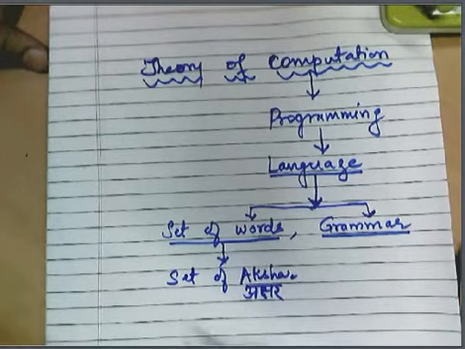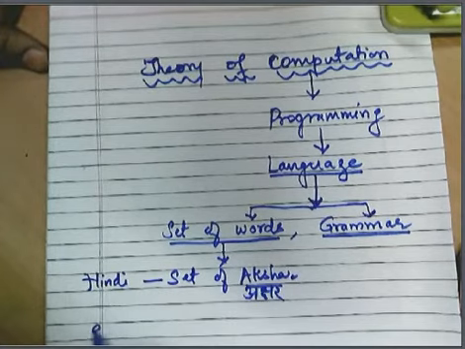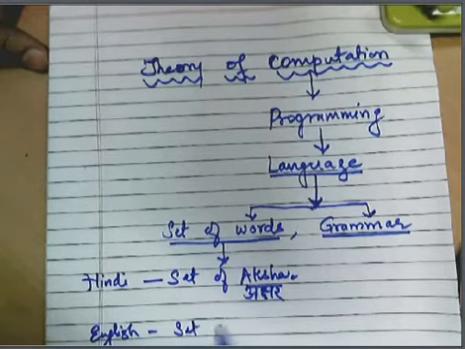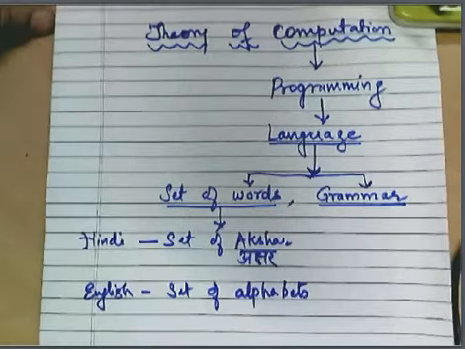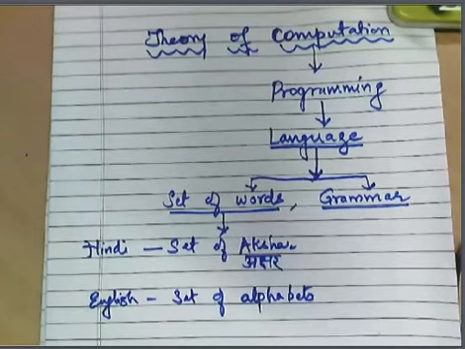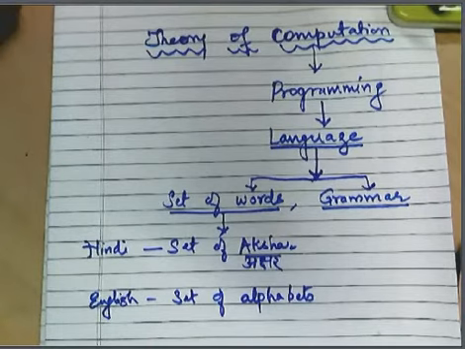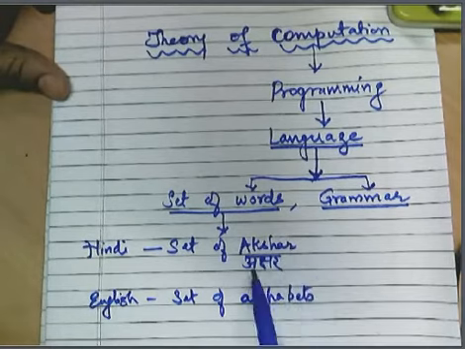And if it is the English language, then it is nothing but a set of alphabets. Similarly, every language has a set of words which are formed from smaller symbols, and those are defined in their own language as either akshar or alphabet or xyz.